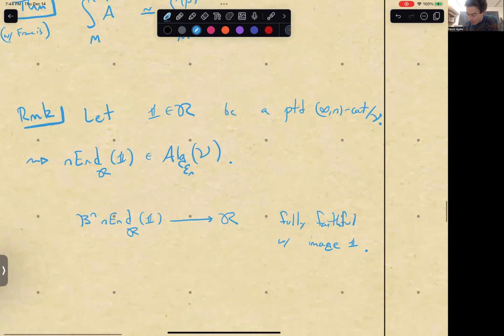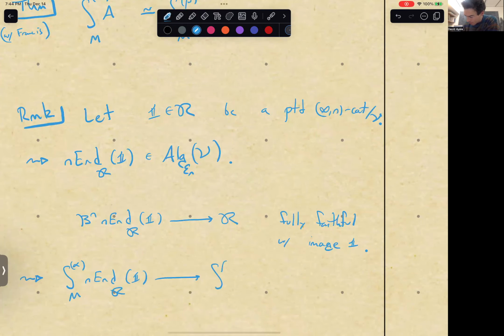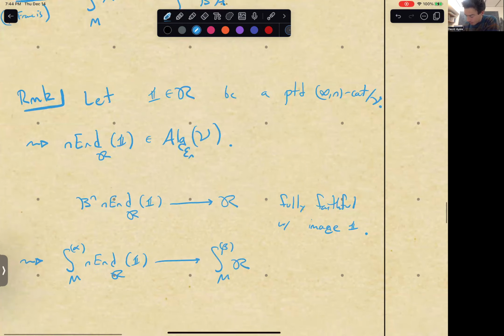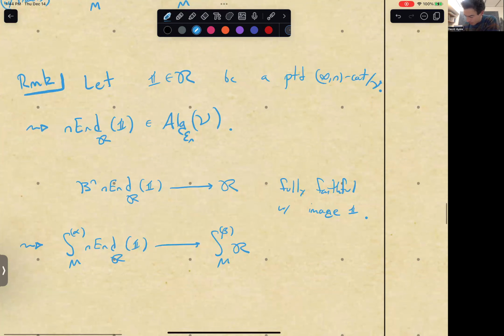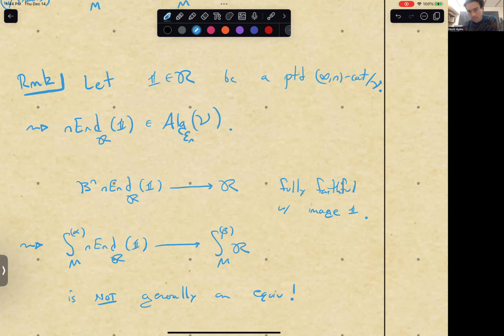And as we will discuss, I hope in a moment, that induces a map on factorization homology. So I'm going to use the above fact, so the alpha version, to the beta version. And that is not an equivalence, generally. Okay, I see. Thank you.